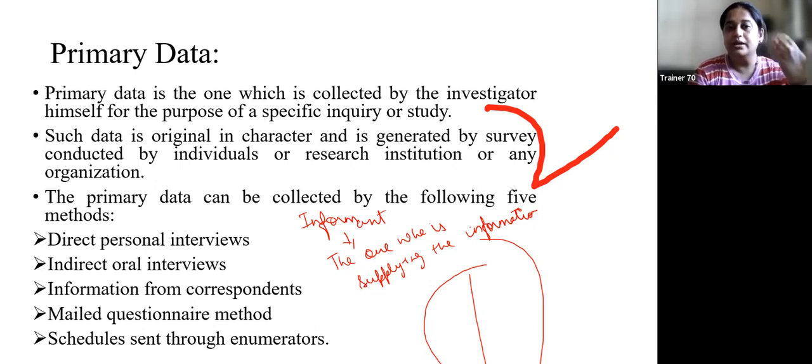I will come directly to all the students. I will meet you all. I will ask you certain questions and record the data in your presence. This is known as direct personal interview, where the interviewer meets the informants directly.